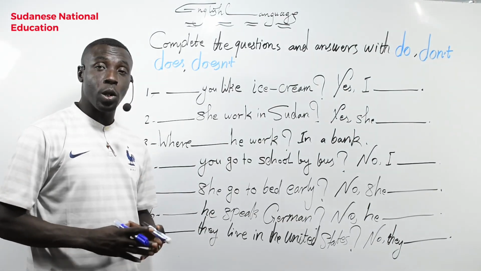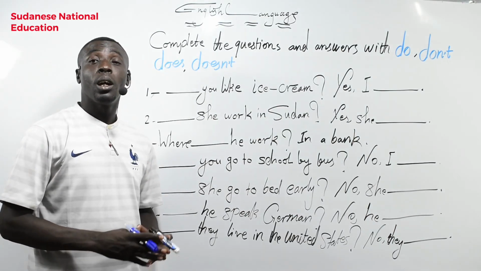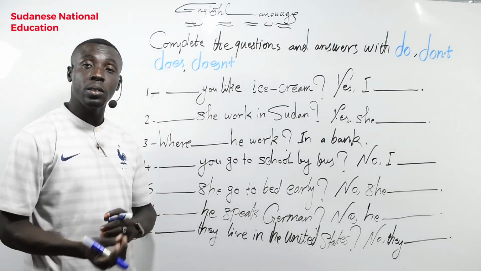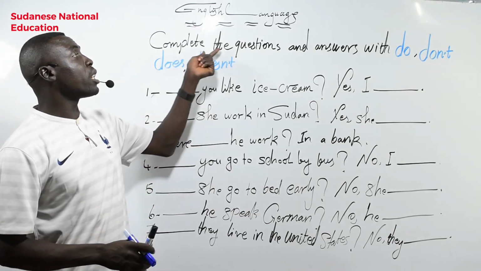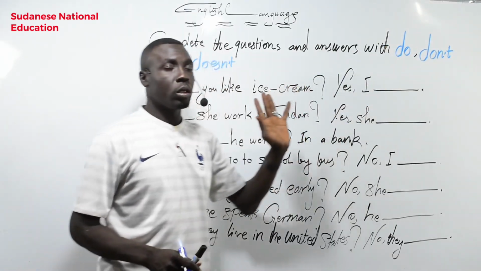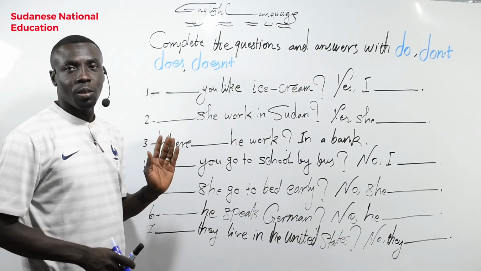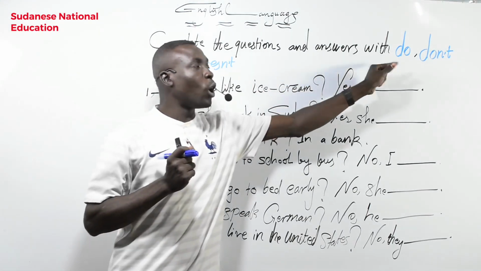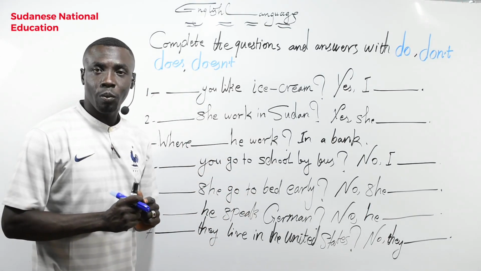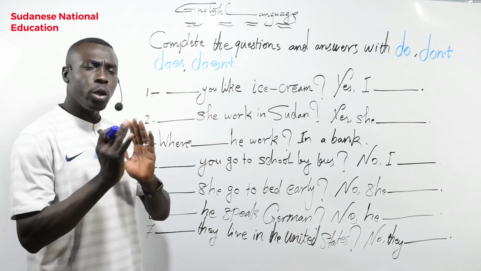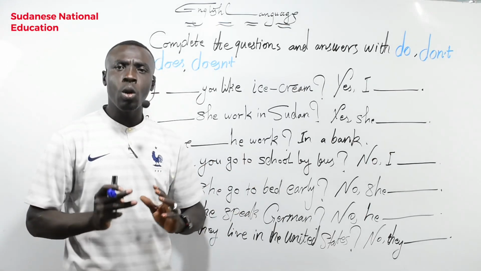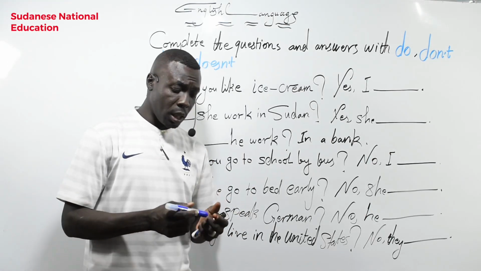We need to complete the questions and answers with do, don't, does, doesn't, with a yes or no. When we use do and does, we call these yes or no questions. So let us see number one.